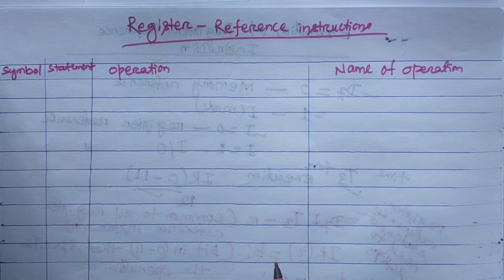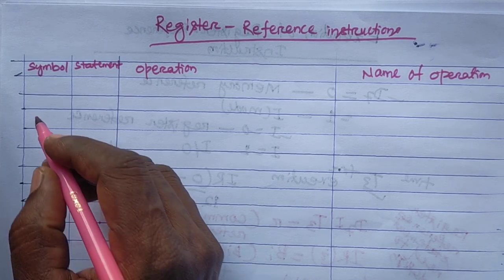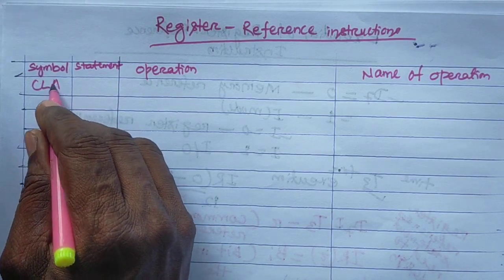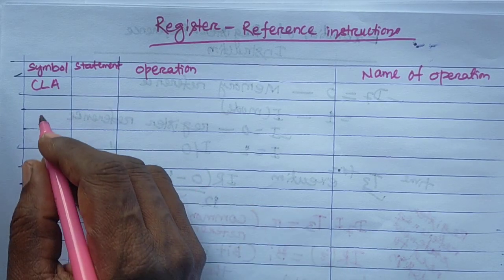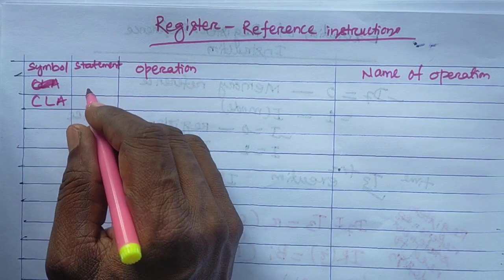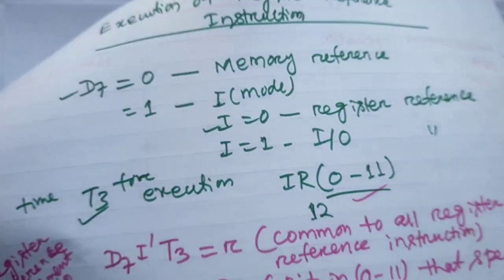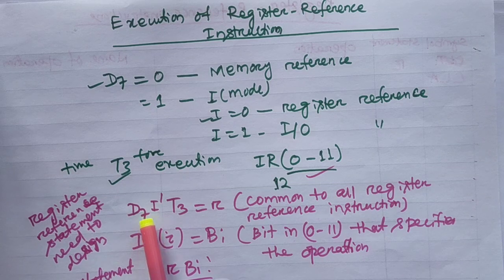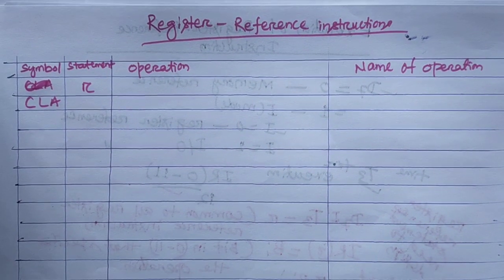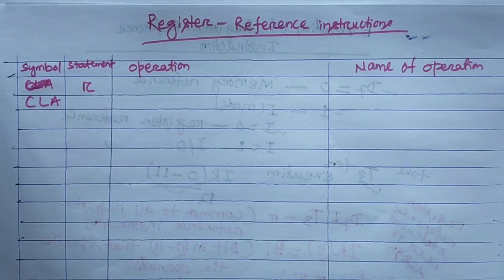Now we see different symbols we can use. Very simple way: you see CLA. Initially we can consider a simple register R, which we have already discussed. Here R means D7 I complement T3 is equal to R, meaning the register statement has just started, not executed.